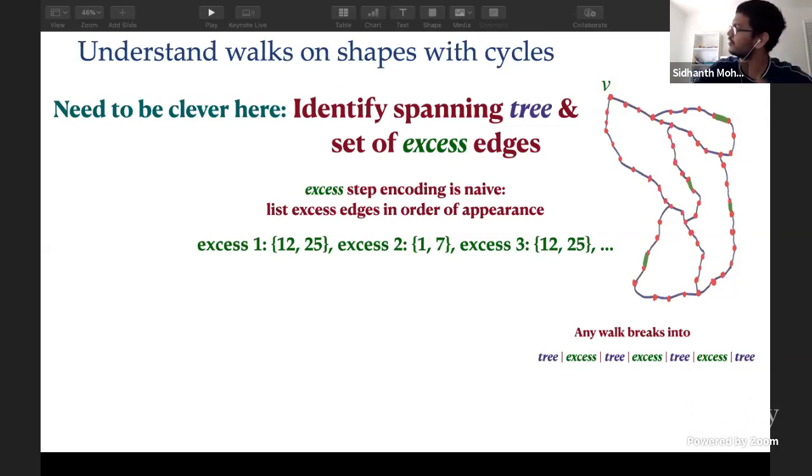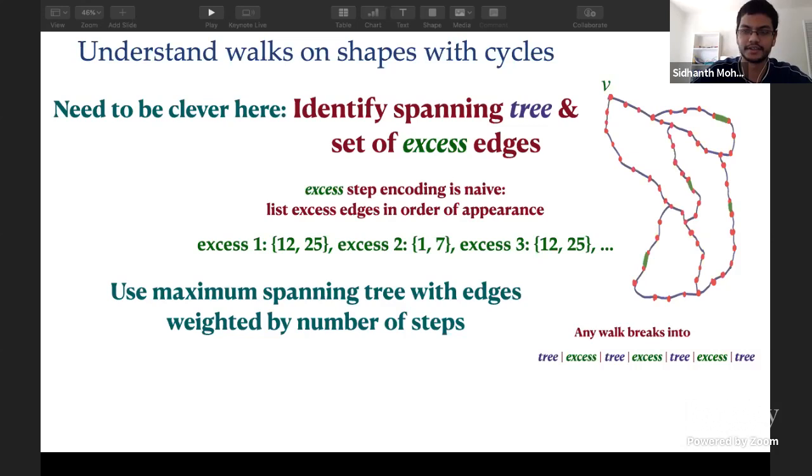A rather natural choice would be to take the shape, weigh every edge by the number of times it appears in the walk, and choose the maximum spanning tree according to these edge weights. This choice definitely minimizes the number of excess steps one takes. It minimizes the list of the excess step encoding.